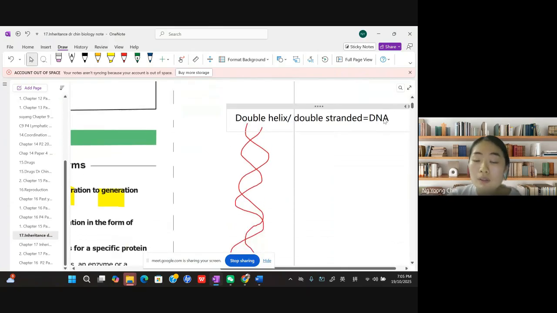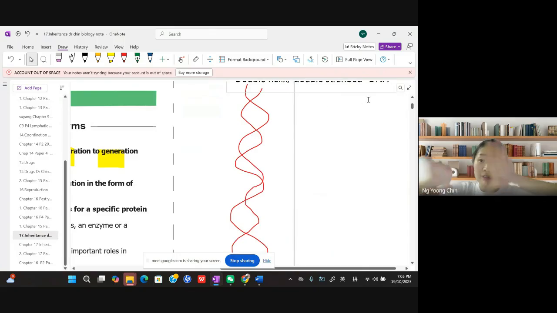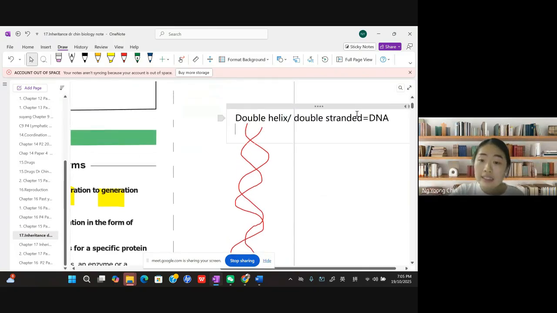Then what is meant by gene? Okay, it's because DNA is very long, right? And this DNA contains what? DNA will store the genetic information inside. So what is meant by genetic information?